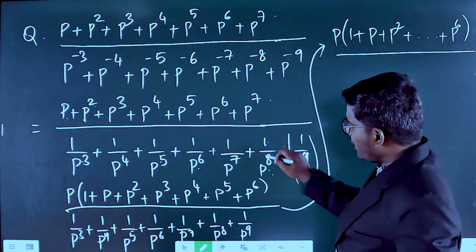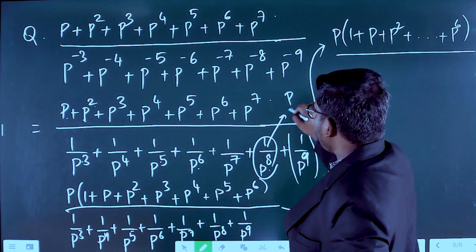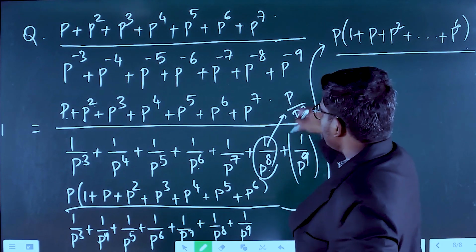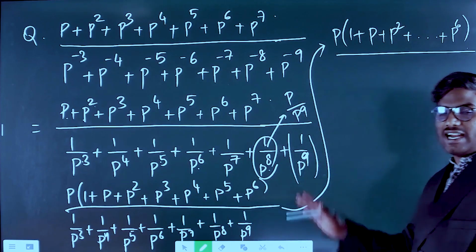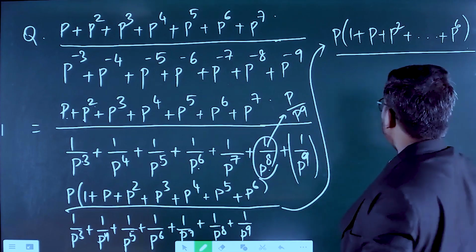If I need to write 1 by p power 8, I can write it as p by p power 9, right? So the p and p power 9 get cancelled and it will be 1 by p power 8. Similarly, I'll do it for everything else.